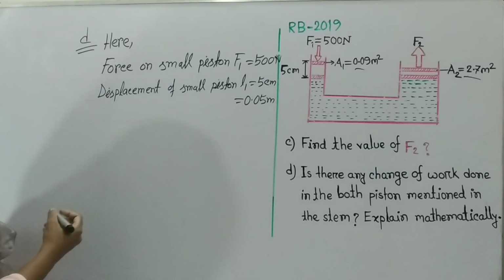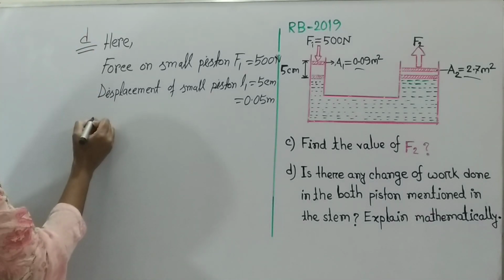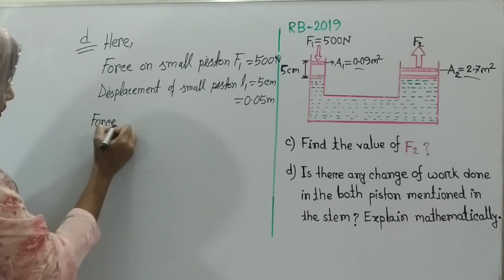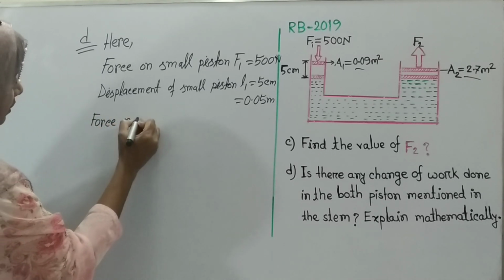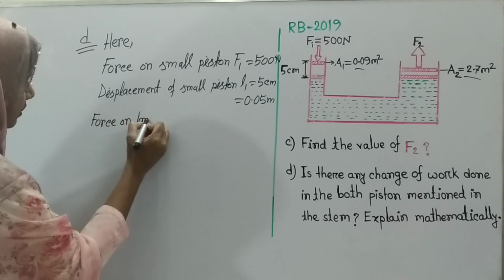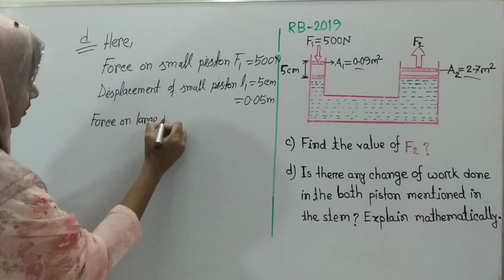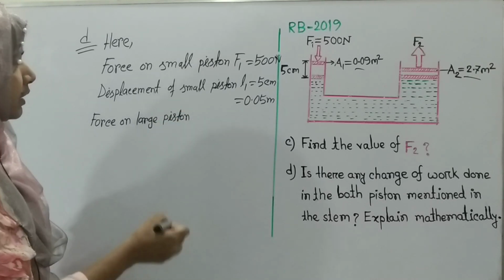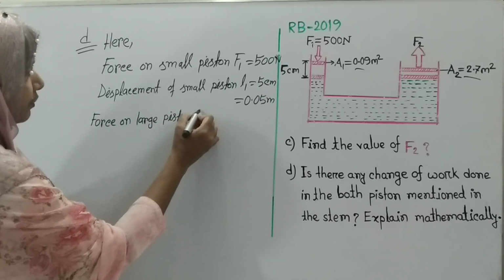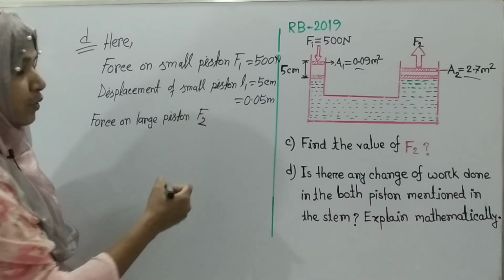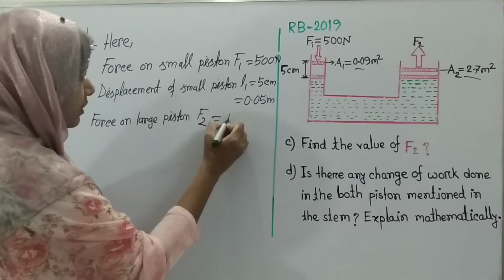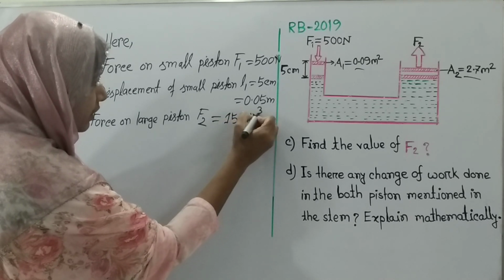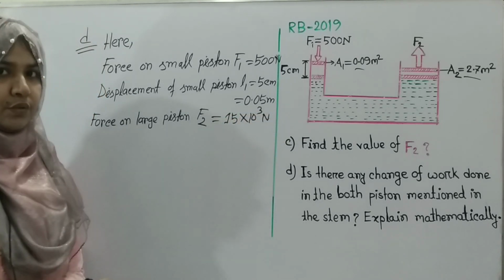Now the force on large piston. The value of force on large piston we get from question number C, that is 15 into 10 to the power 3 Newton.